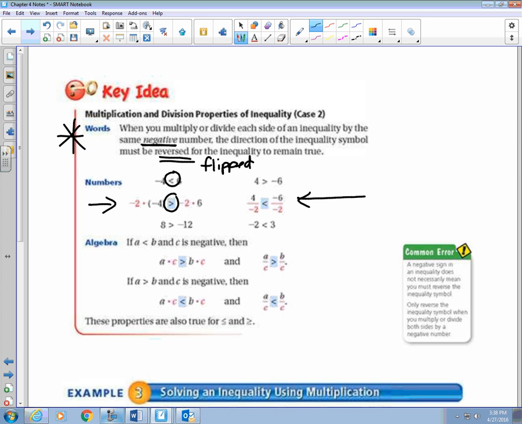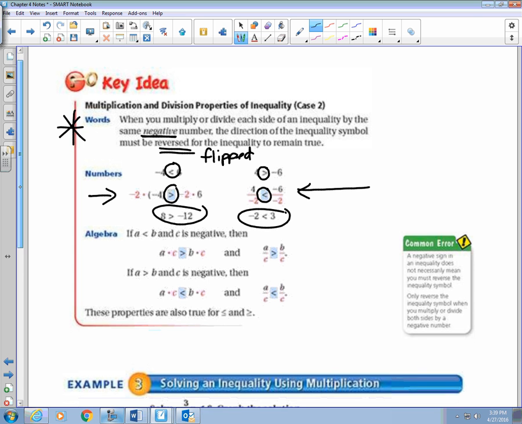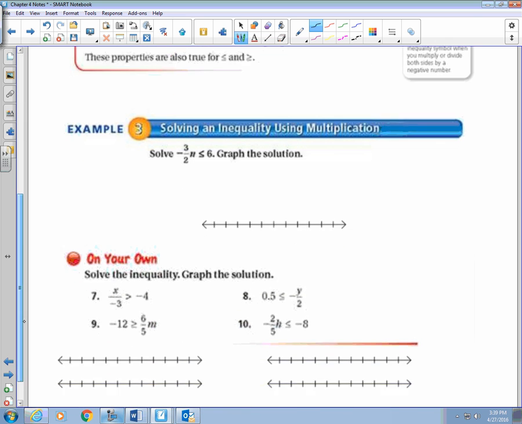And when we divide by a negative number, you'll see we divided both sides of the inequality by -2. So we started out with a greater than sign. They had to flip it to become a less than sign because we divided by a -2. The ending inequalities are still true as long as we flip the inequality symbol when we multiply or divide by a negative number.